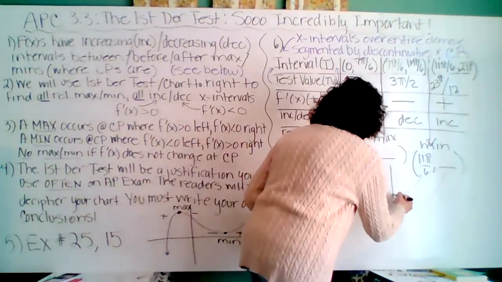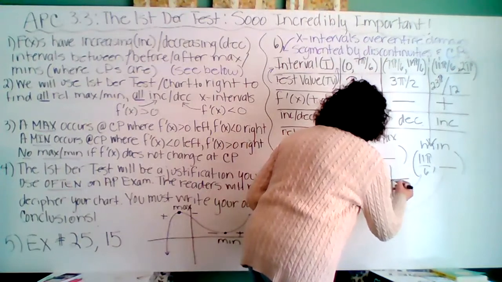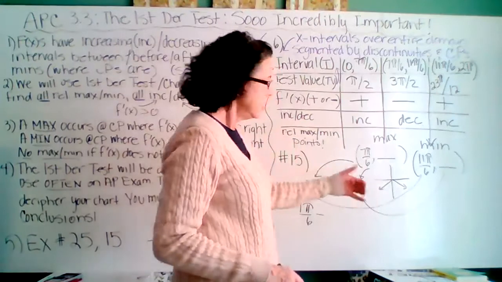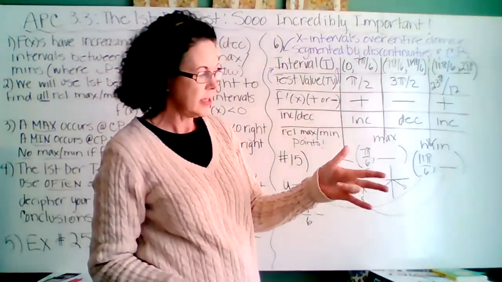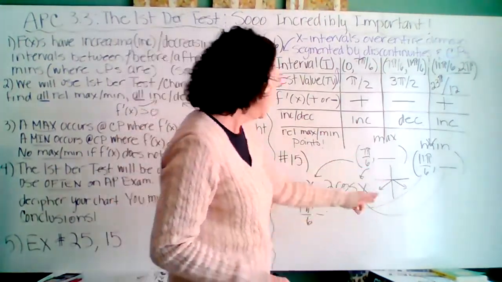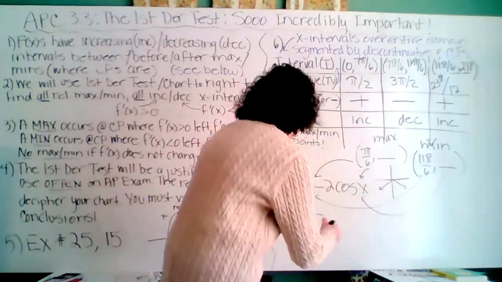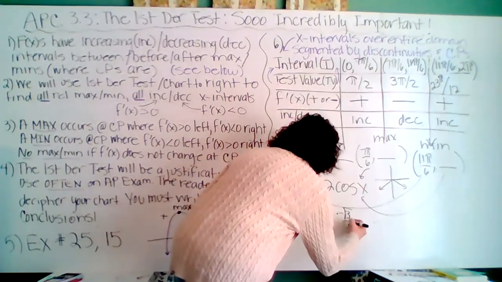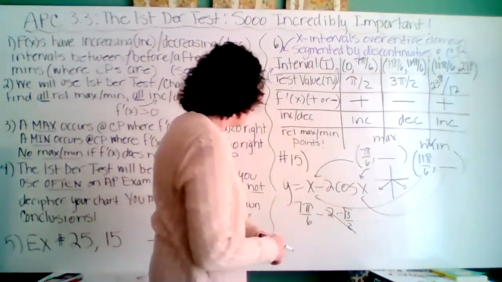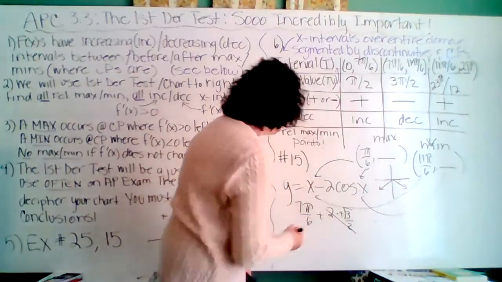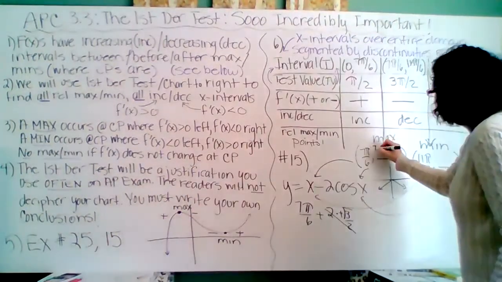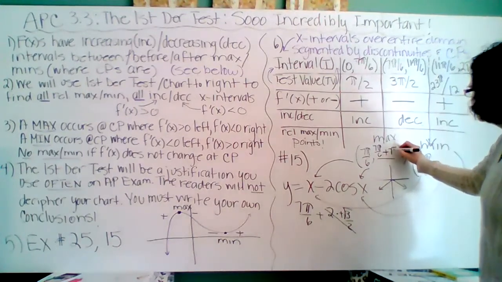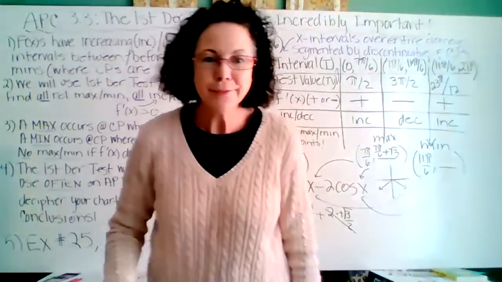Let's draw ourselves a picture here. 7 pi over 6 was right here, right? So cosine of pi over 6 is the square root of 3 over 2, and it's negative in the third quadrant. So 2 times a negative square root of 3 over 2, and that makes a positive, and we get 7 pi over 6 plus the square root of 3. Okay, a little tough, right?